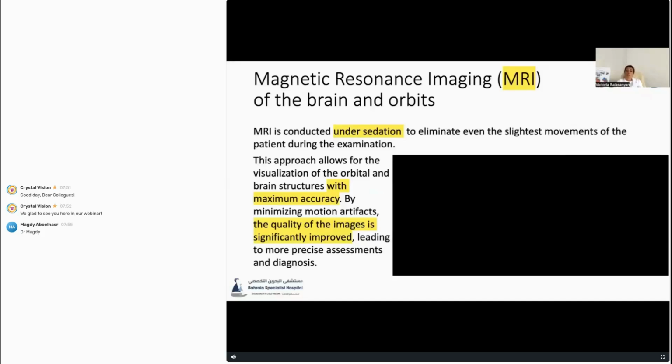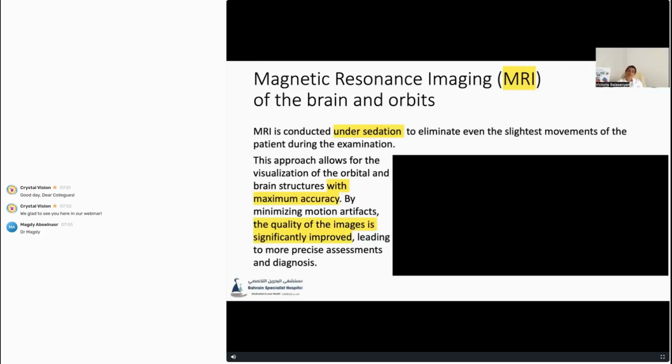So MRI is conducted under sedation to eliminate even the slightest movements of the patient during the examination. It allows us to visualize the orbital and brain structures with maximum clarity by minimizing motion artifacts.